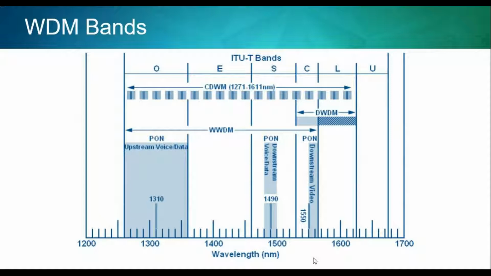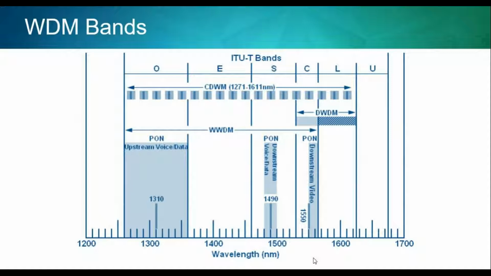The wide wavelength division multiplexing: I mentioned the 1310, 1550, and we see that typically in the PON environment. So 1310 will be used for voice data upstream, 1490 will be used for the downstream, and we'll have a separate channel, the 1550, for the actual video broadcast, and that's often used with the cable MSOs.